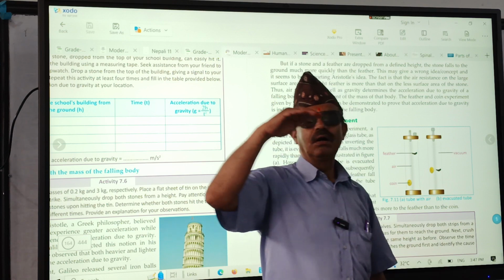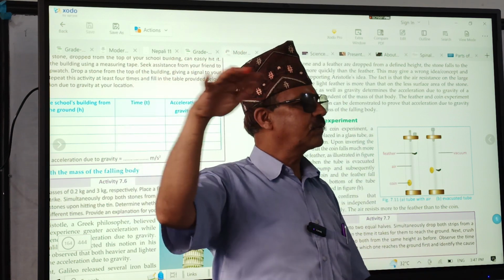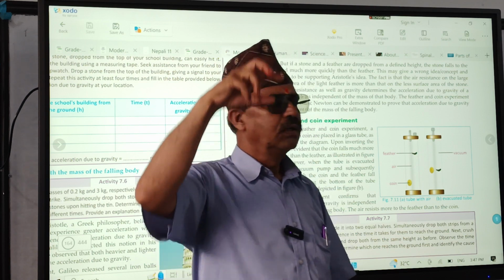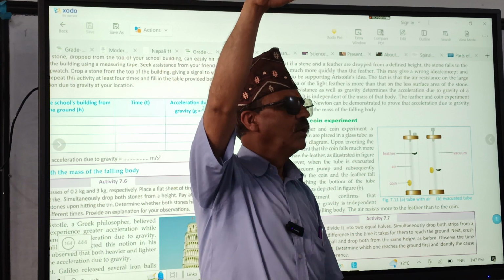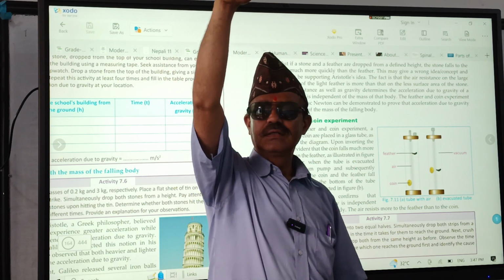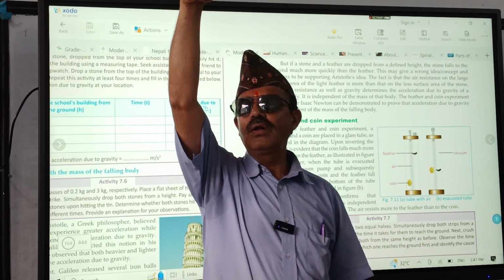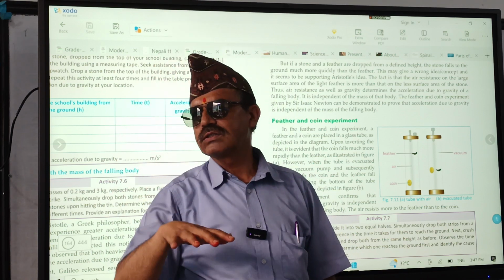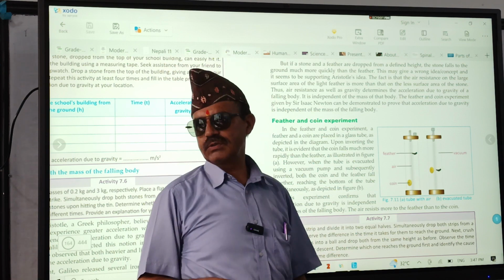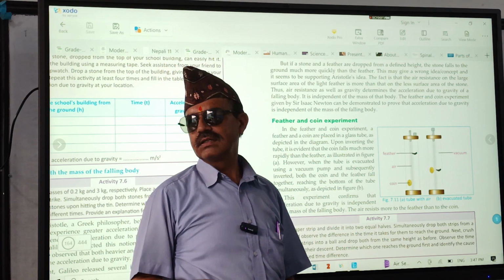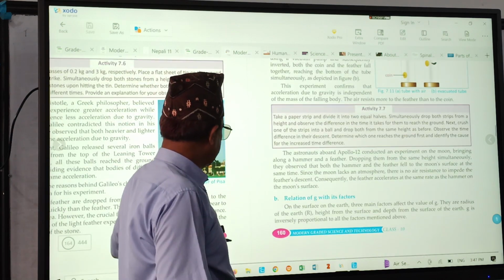That means, is there any air on the surface of moon? Is there atmosphere? No atmosphere. So if any two or three bodies are dropped from a certain height on the moon, then all of them will reach the surface together at the same time. But on Earth, it's not possible because there is air resistance. So the coin and feather experiment.